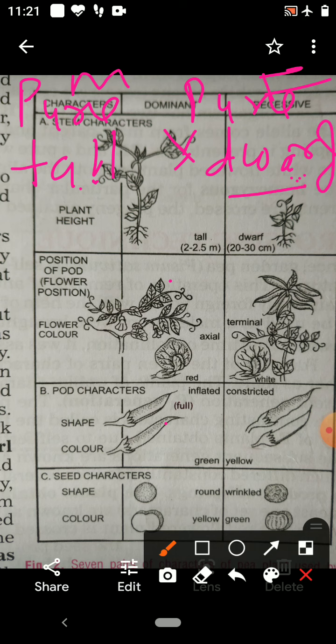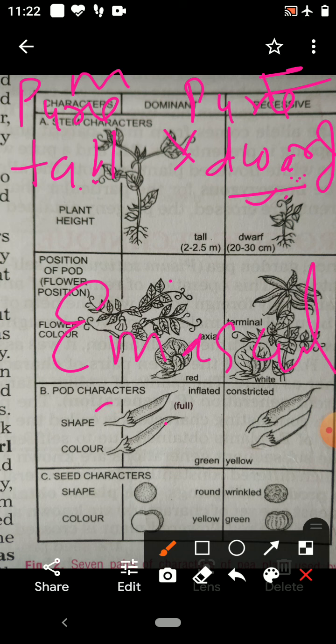To prevent the possibility of self-pollination, the anther from this female pure dwarf plant is removed before the stigma is fully mature. So removal of anther for preventing self-pollination before the maturation of stigma is called emasculation.